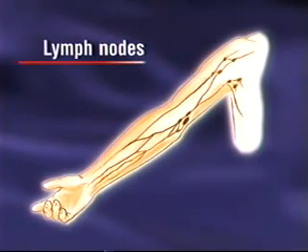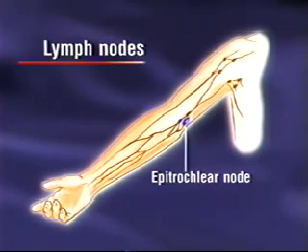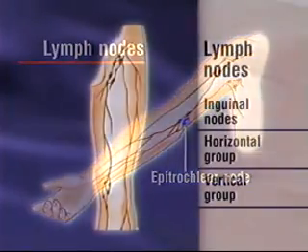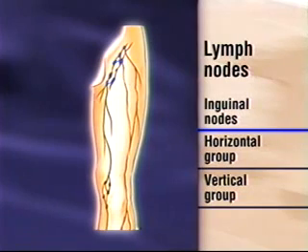In the antecubital fossa, the epitrochlear nodes drain the hand and lower arm. In the groin, the inguinal nodes drain most of the legs, external genitalia, and anterior abdominal wall. The horizontal group lies just below the inguinal ligament. The vertical group extends down the thigh.